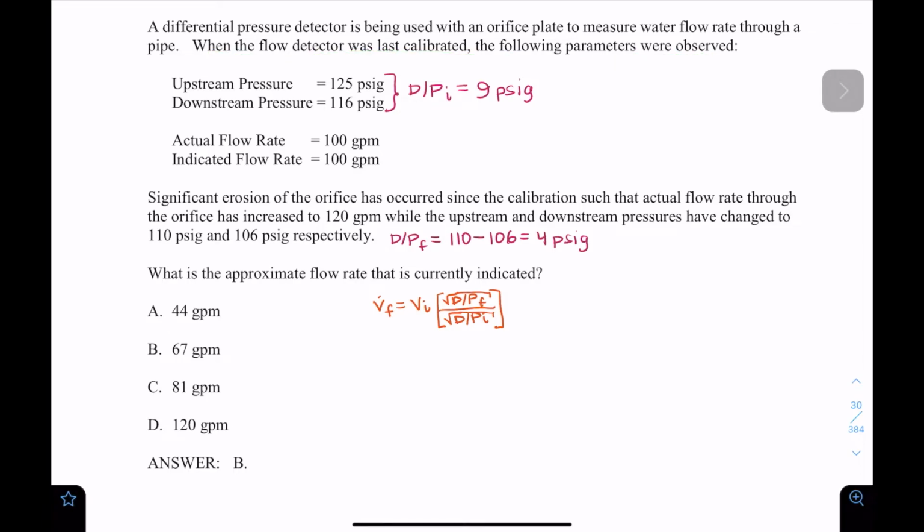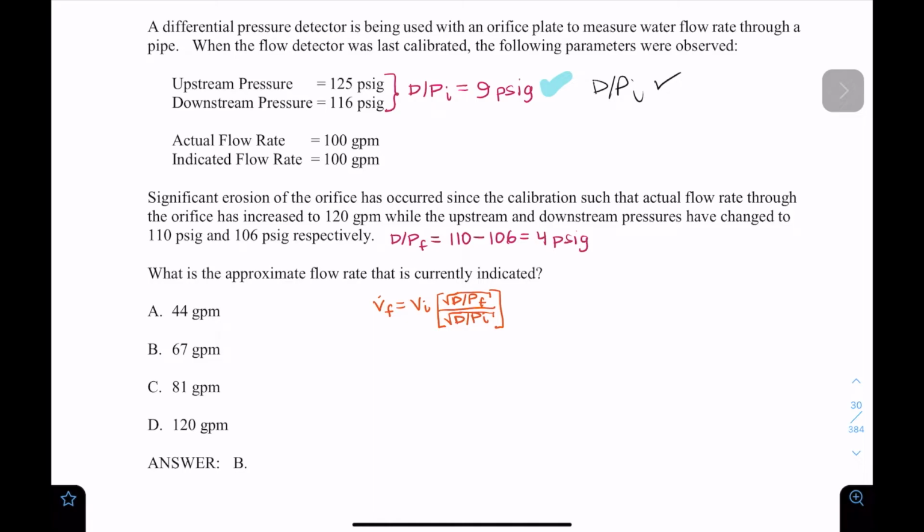It gives you a lot of information, but you just need to focus on the information that you're going to use with the formulas I gave you previously. If they're giving you this, that means you can calculate the differential pressure. So you calculate it, and you have your differential pressure initial.